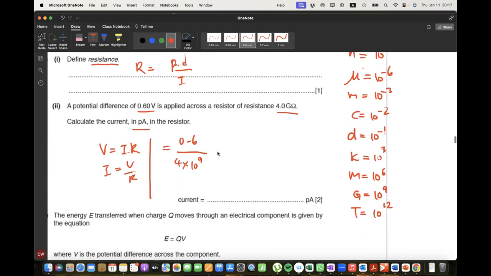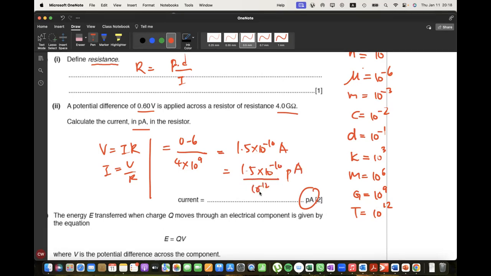So, this one is going to be 0.6 divided by 4 to the power of 9. 1.5 times 10 to the power minus 10 ampere. How to change to pico? If you want to change to pico, you need to divide by the value of pico. How much is pico?